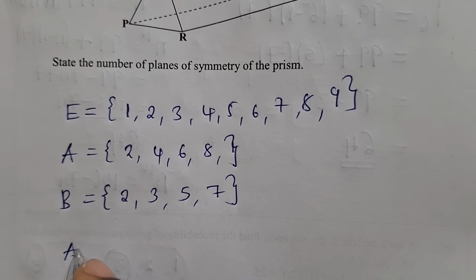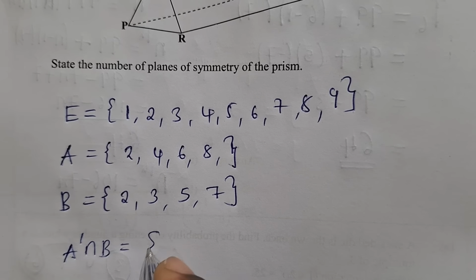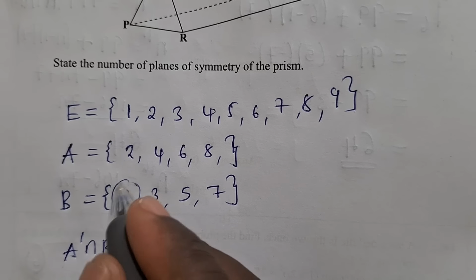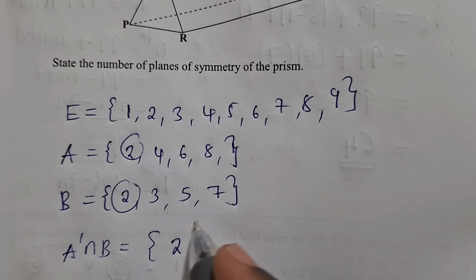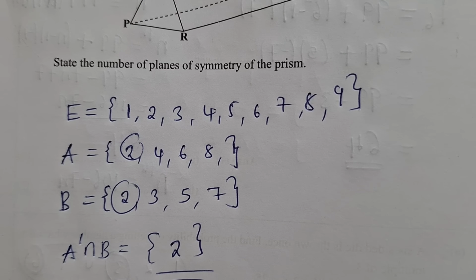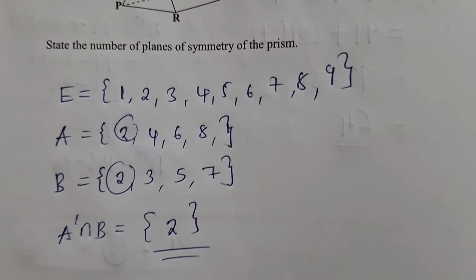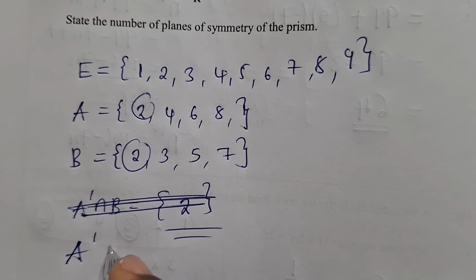So now we list A complement intersect B. This will simply be equal to a 2, okay? And what else? A 3, no, just a 2. So our answer here is equal to, no, one more thing. There's something that we did not do. This is a mistake. We need to find A complement.